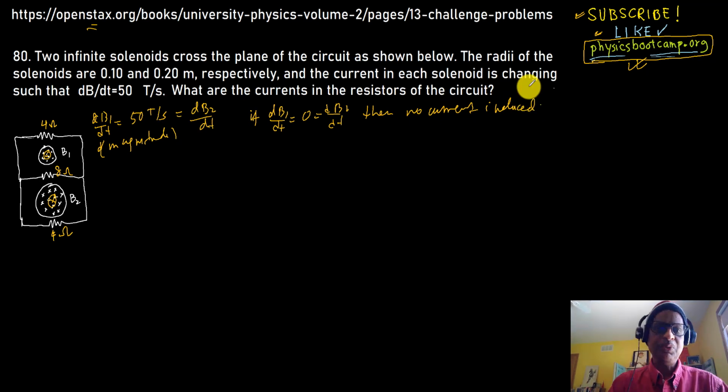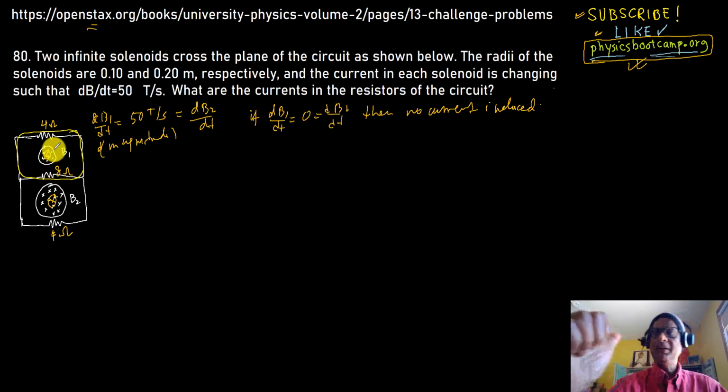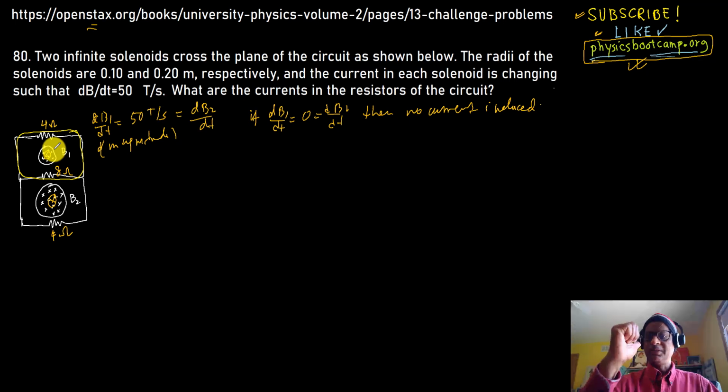In Faraday's law you can pick any loop and tell what's going to happen in that loop. So let's pick this loop. In that loop, if the magnetic field is coming towards us and it's increasing, then an EMF will be induced, like the back EMF, right?